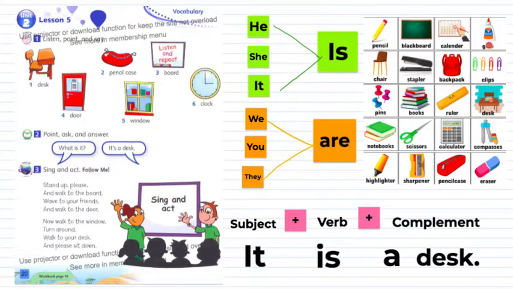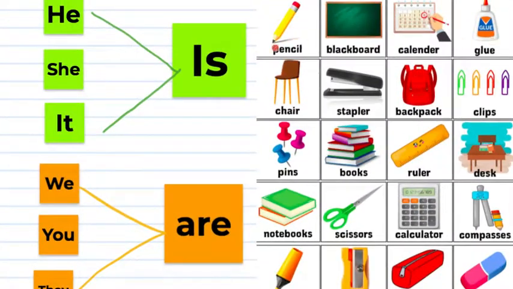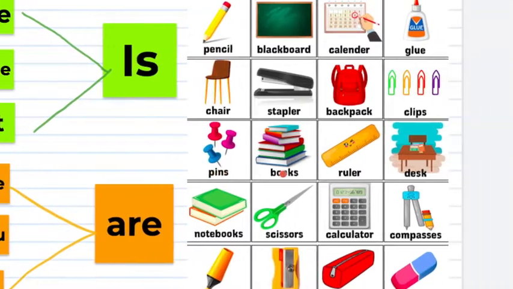And if you notice right here, you have a few objects that are school objects. Si tú te das cuenta, aquí tenemos muchos objetos que se refieren a objetos de la escuela. For example, pencil, blackboard, calendar, glue, but we can also say glue stick.